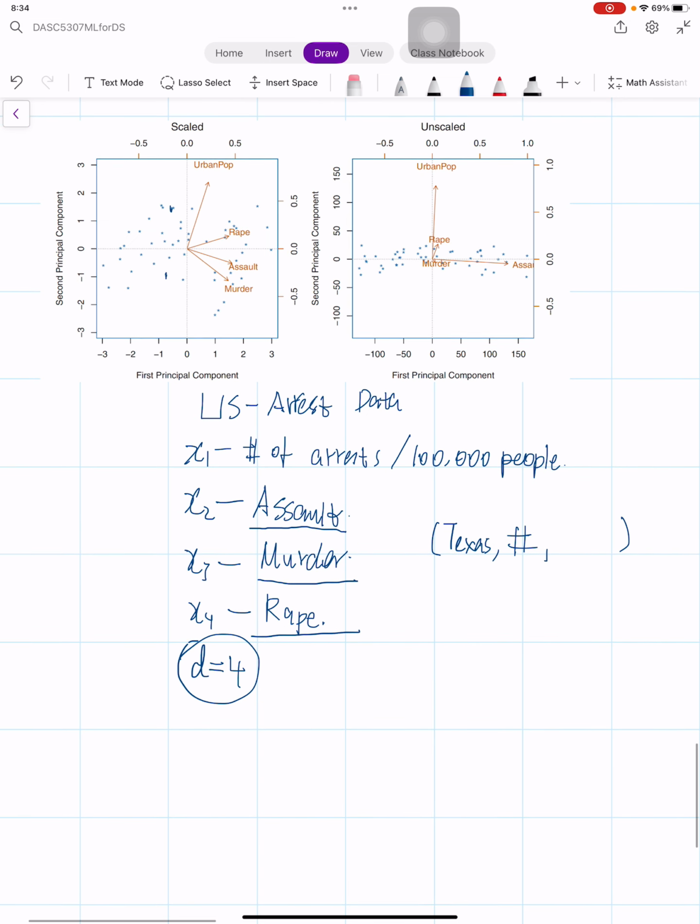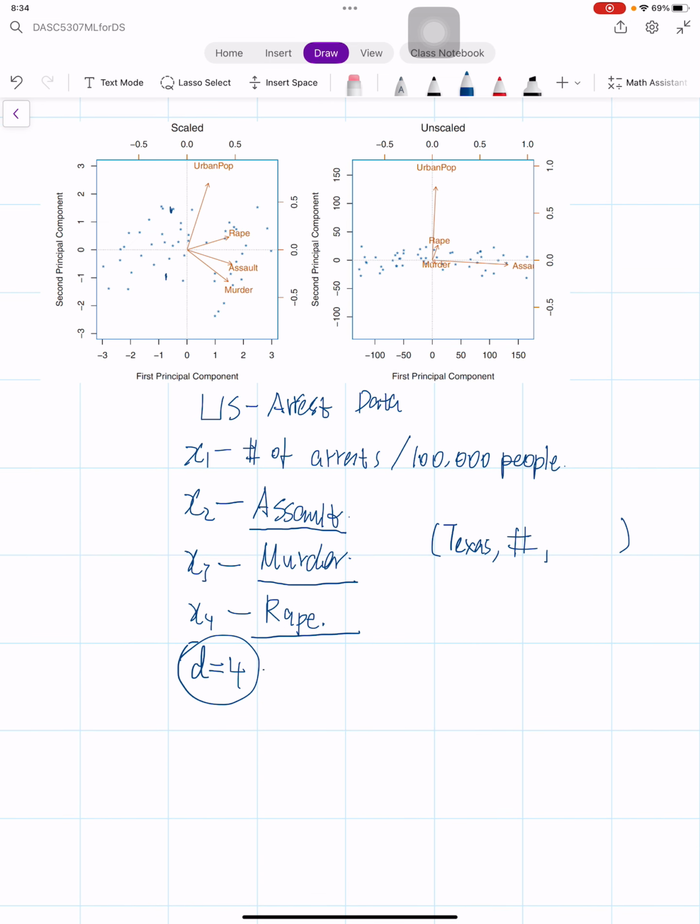But now this gives us the first 2 principal components. For example, we have k equals 2 principal components.